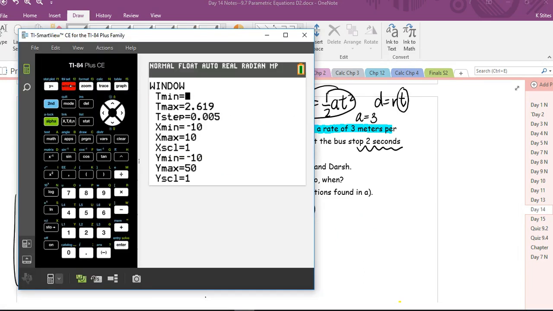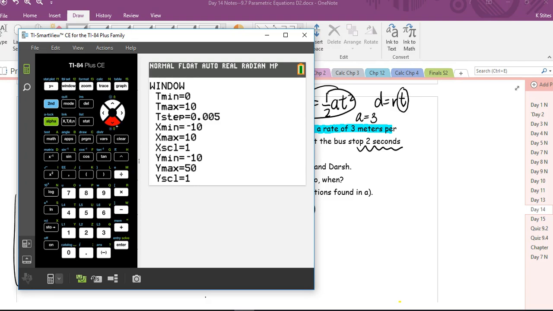Window. All right, so what we're going to do is we can do for time, let's go for 10 seconds. T-step will keep the same.